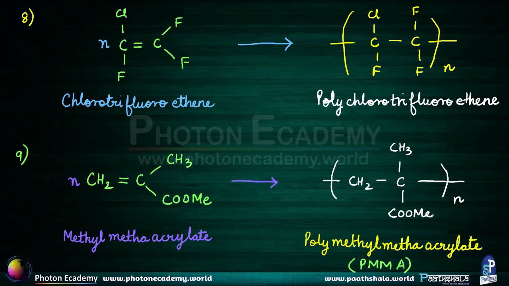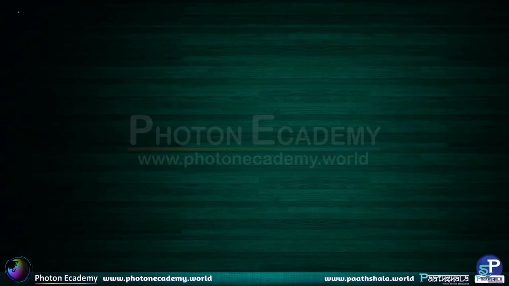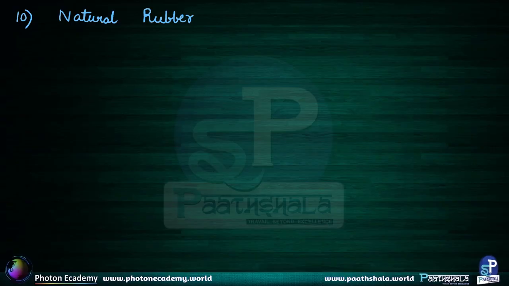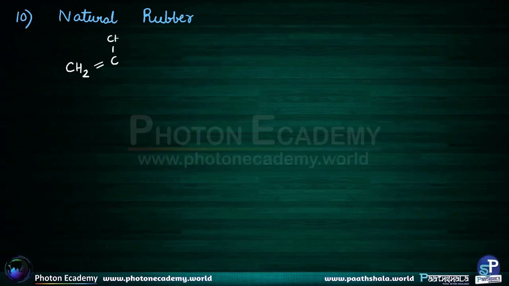So the next one, the 10th one, is natural rubber. Natural rubber we have dealt with already. Natural rubber was cis polyisoprene. So to draw the natural polymer, we have the monomer, that is isoprene. So it is CH2 with a double bond, then we have CH3 attached, then we again have a CH double bond and a CH2.